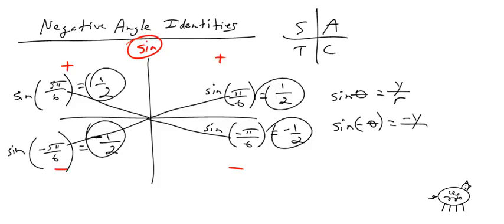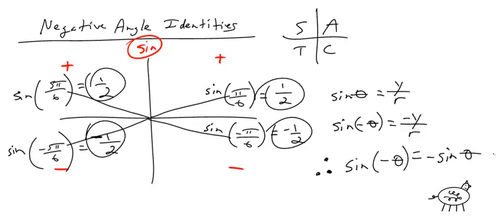Isn't it negative y over r? Okay, so therefore I can declare that the sine of a negative angle is equal to negative sine of the positive angle.